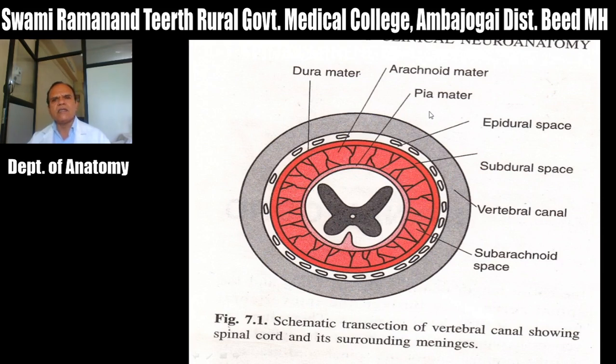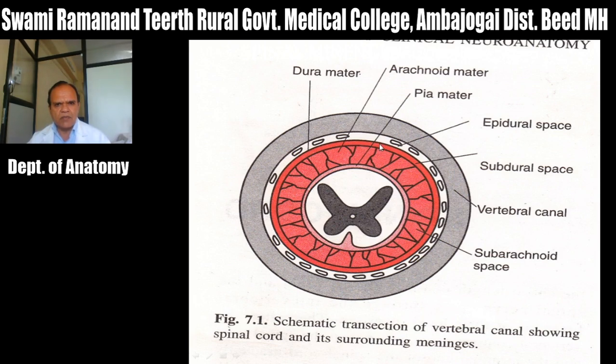Now when you take the cut section of the spinal cord, how does it look, what are the external features and what are the internal features. Now see here in this cut section, this is the vertebral cut section. This layer is the dura mater. The space between the dura mater and the vertebra is called epidural space.